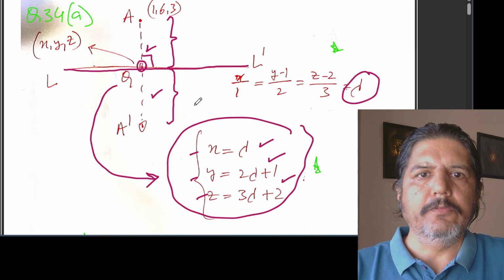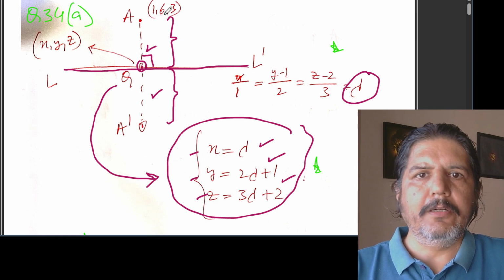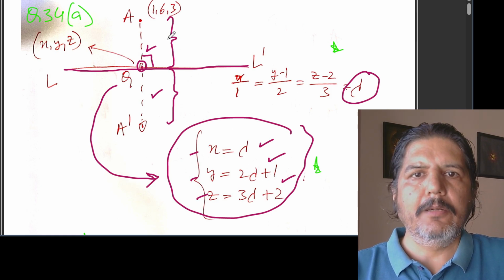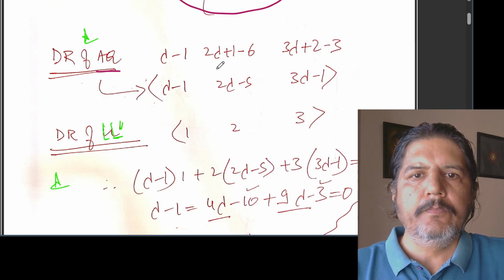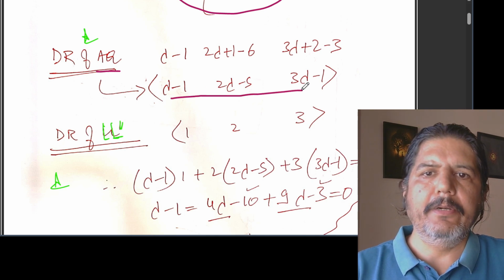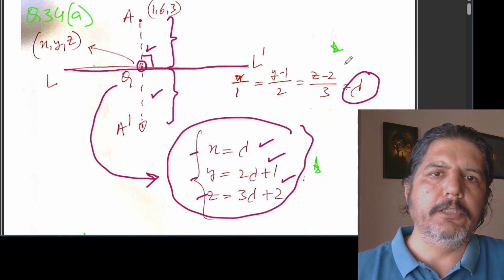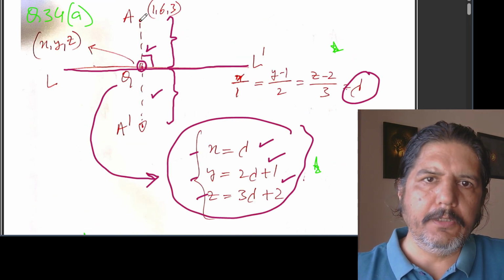So lambda minus 1, 2 lambda plus 1 minus 6, 3 lambda plus 2 minus 3. So the direction ratios of AQ would be lambda minus 1, 2 lambda minus 5, 3 lambda minus 1.